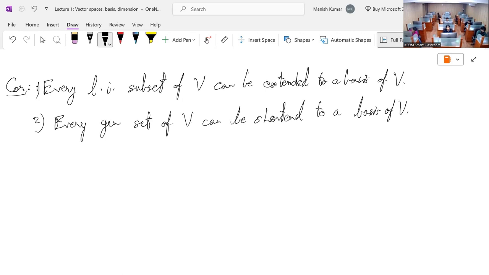Maybe these two first we can think about. Let's try to prove this. If it's a linearly independent set, you can keep adding.